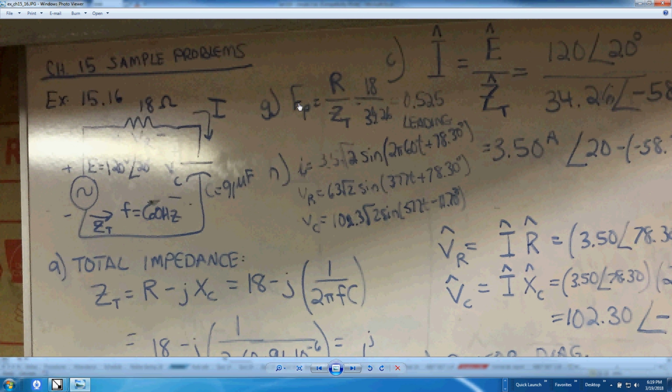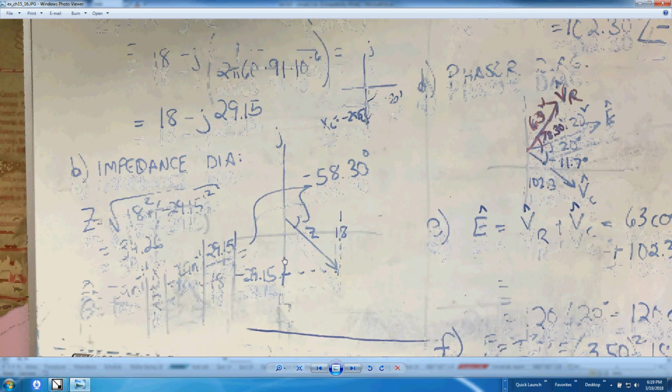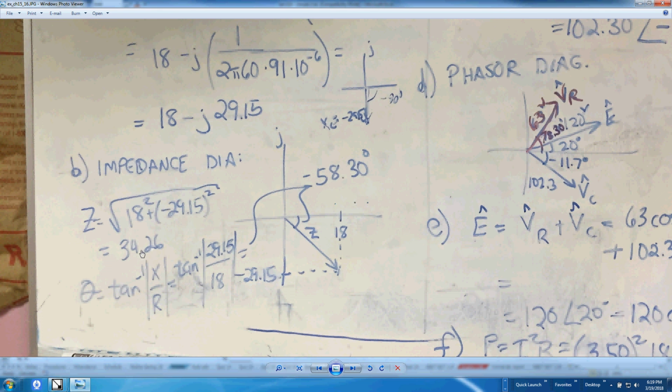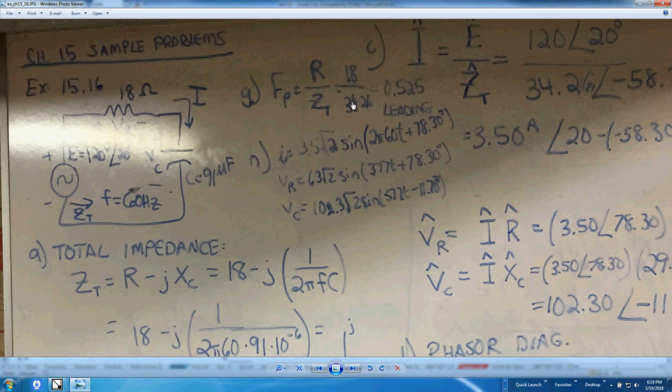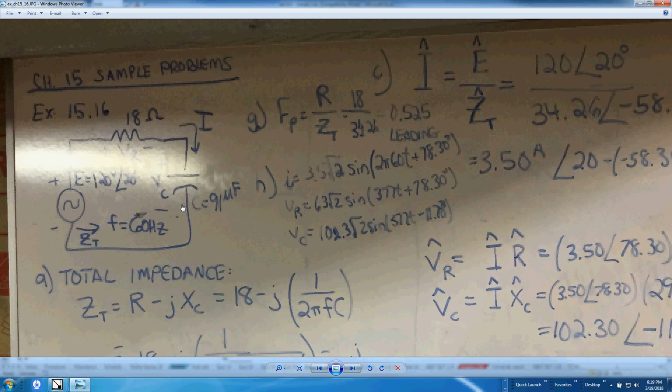And then the final parts where it asks for the power factor. Power factor in this case is going to be the resistance divided by the total impedance, the magnitude. We found that to be 30.26 here. So you take 18 divided by 30.26, you get 0.525, and it's leading because it is a capacitive circuit.